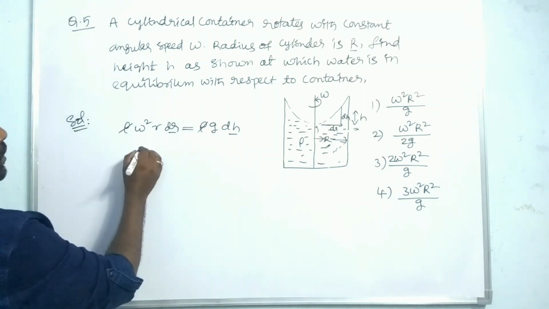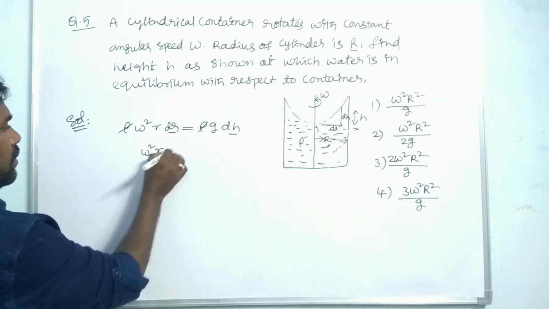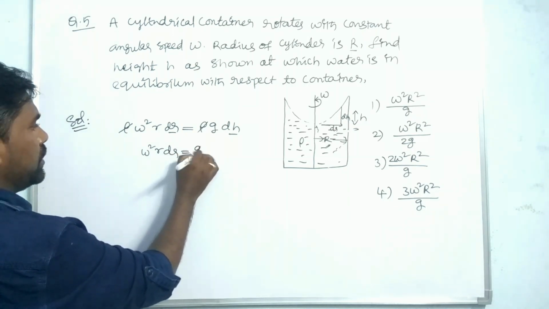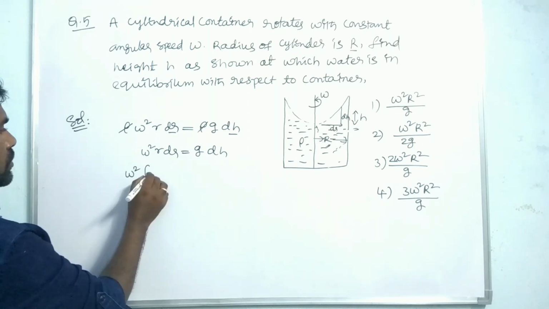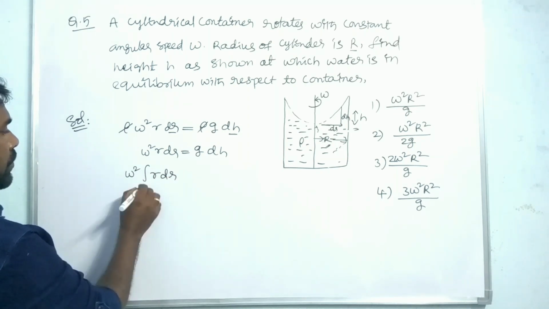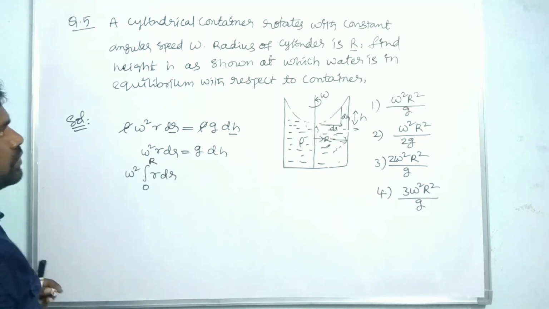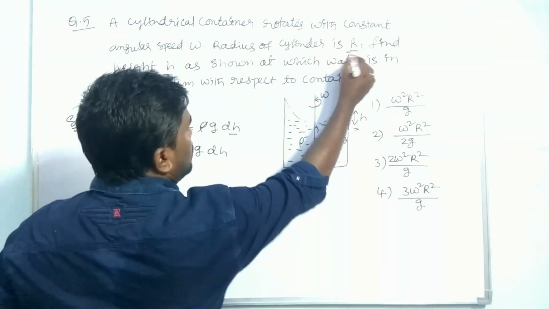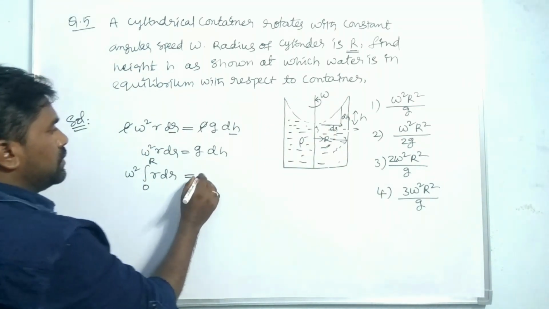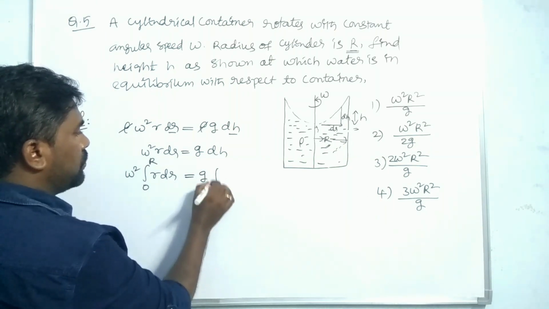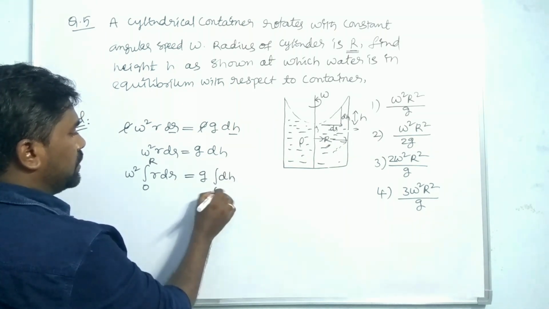Okay, omega square r dr is equal to g dh. Integral of omega square r dr, integration between 0 to capital R because of the radius, is equal to the integral of dh, here 0 to h.